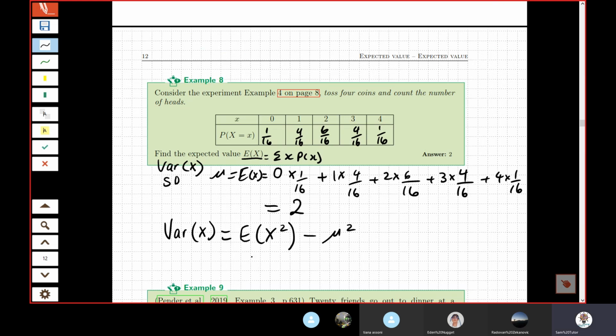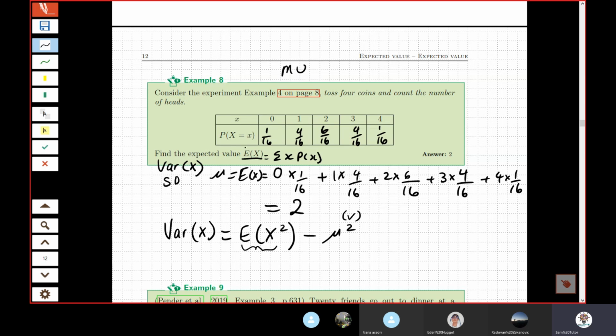The mu. M, U. Mu sounds funny, but that's how you say it. We already have that, so that one's ticked. You're just going to put that into this bit. The bit you don't have is this component, E of x squared.